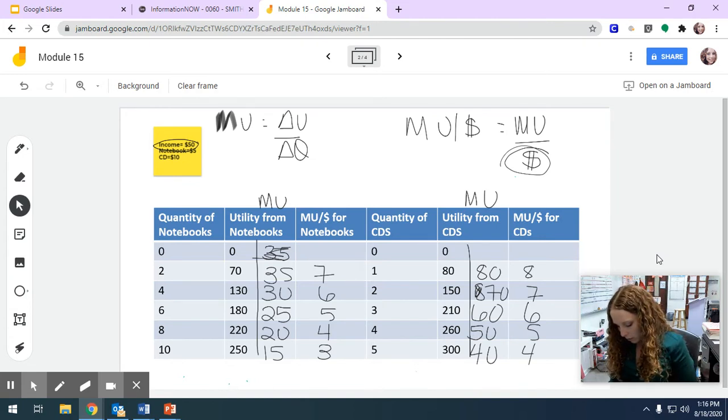Well, that's going to be right here in this first CD, because 8 is the highest marginal utility per dollar. So we buy that first CD. That means we've spent $10. Okay. Then our next one, we're going to go, okay, notice that 2 of them have 7. So I might be going, well, how do we know which one of those 7s we're going to buy? Well, it's going to be the one that costs less. Okay. The one that costs less is the one you would go for.